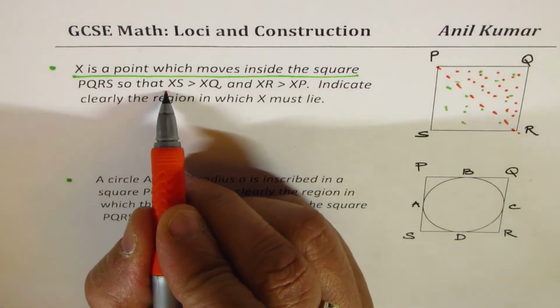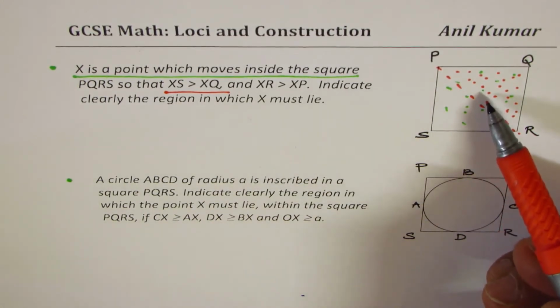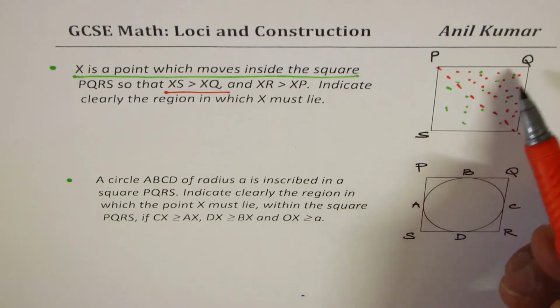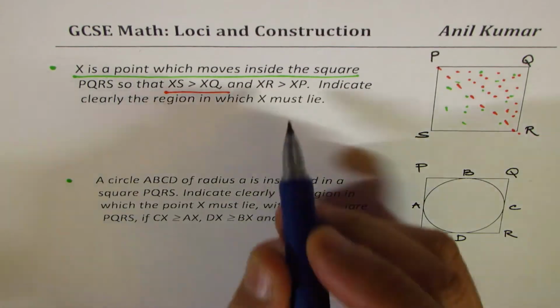That is what it means when I say XS is greater than XQ. All these points are farther away from S as compared to Q. Now let's look into the next condition, which is XR is greater than XP.